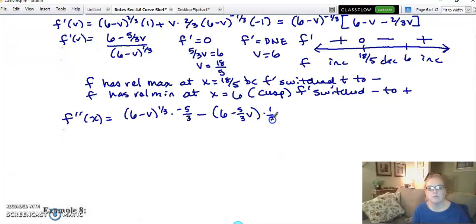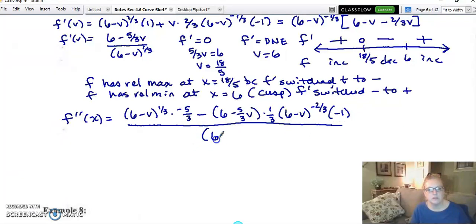So that would be times 1/3, 6 minus v to the negative 2/3. Don't forget chain rule, times negative 1, all over the bottom squared, 6 minus v to the 2/3.